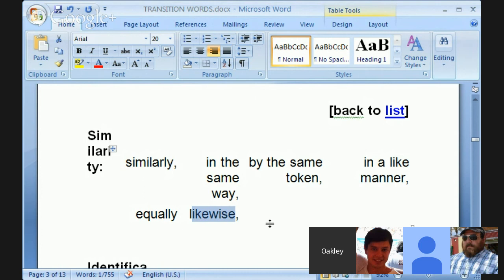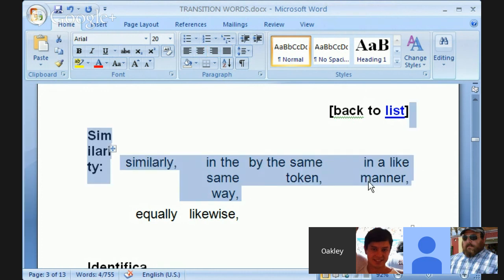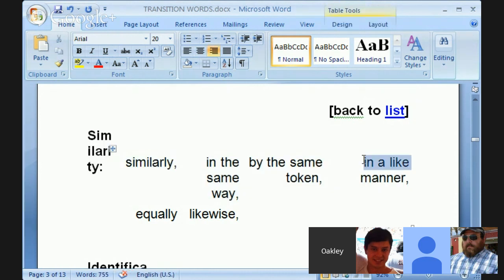Usually we use similarity to talk about how things are the same, but often, for example, in the same way or in a like manner, we're talking about actions that are similar.